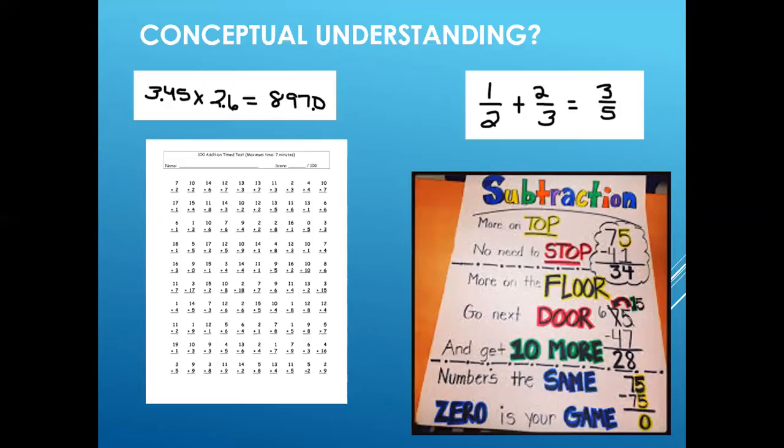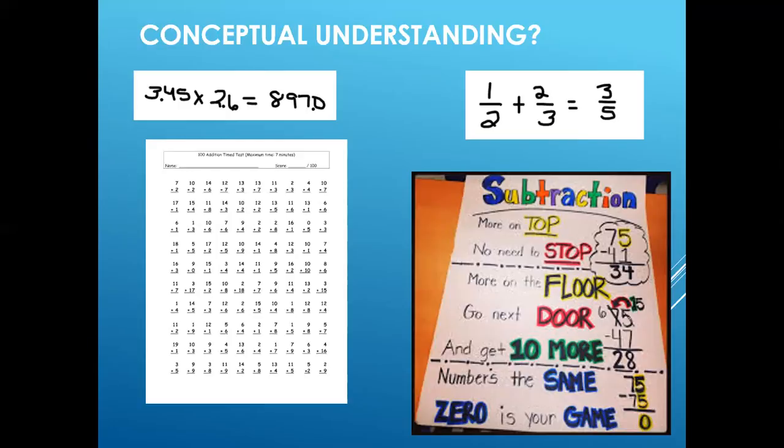So we really have to understand what conceptual understanding means and what that is going to look like. I don't think it means that it's going to be a rote, fast thing. When it comes to timed tests, I try to do mine differently. We have to do something like a timed test. It's called a fluency check. However, I don't say you have 7 minutes to get all these problems and then we'll graph it.